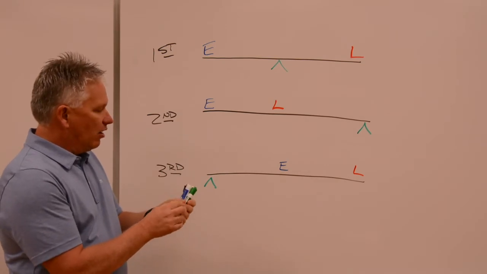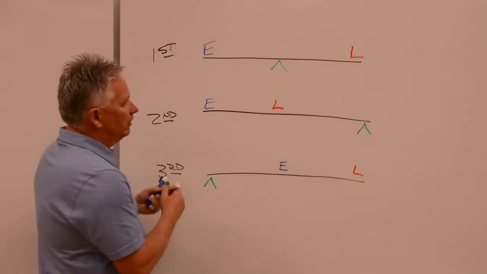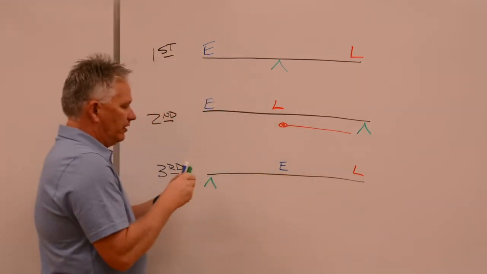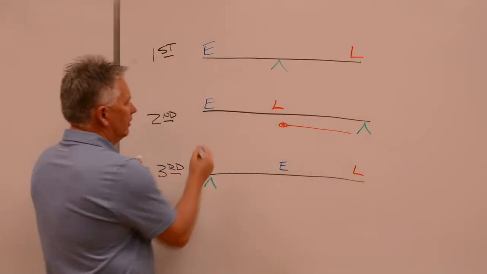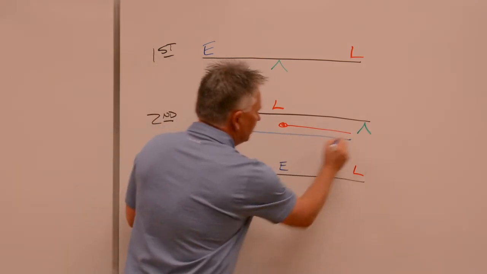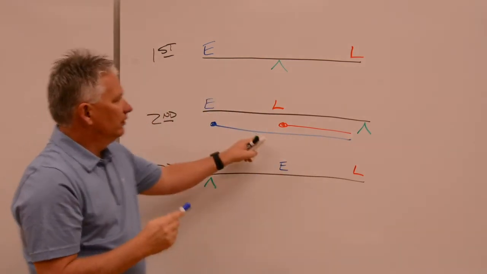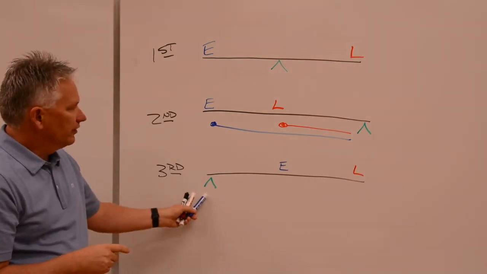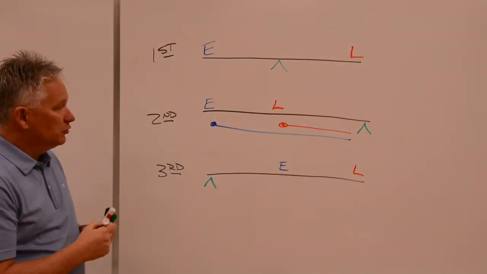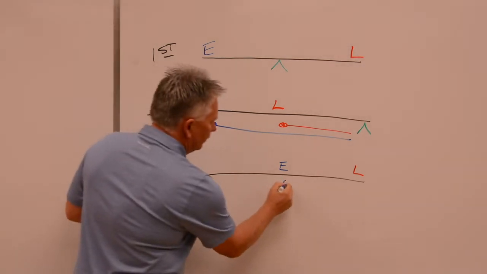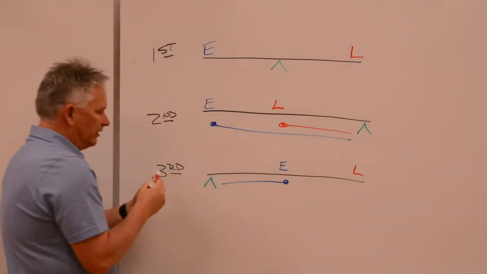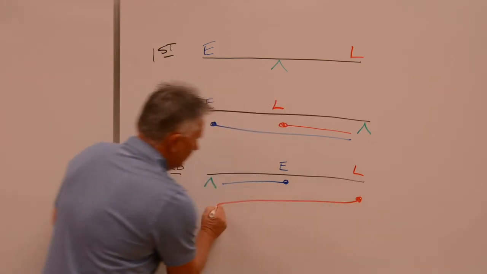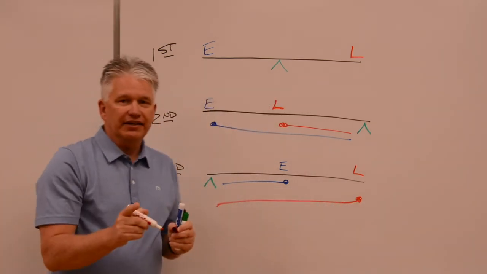Look at how close the load is to the fulcrum compared to effort. The load is significantly closer. Look at the third class lever. Who's closer to the fulcrum? Well, effort is now much closer than load. And that's significant.